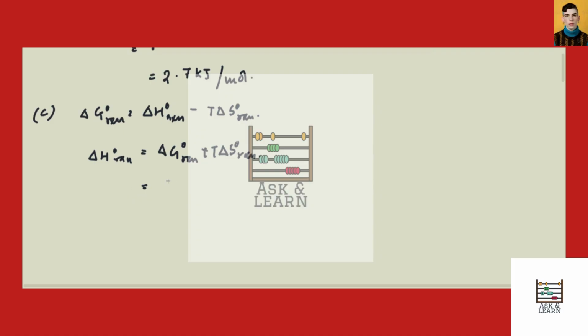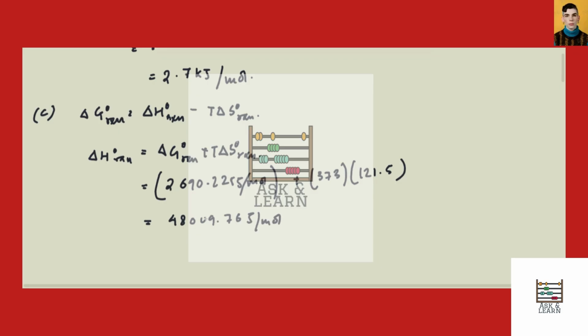So we have delta G naught is 2690.225 joules per mole, and temperature is 373 multiplied by 121.5, that is 48009.76 joules per mole, and converting it to kilojoule, it will be 48 kilojoules per mole.